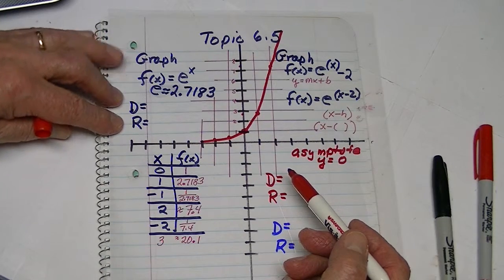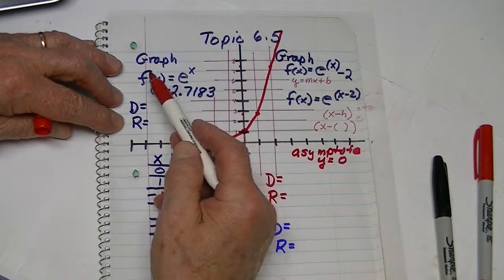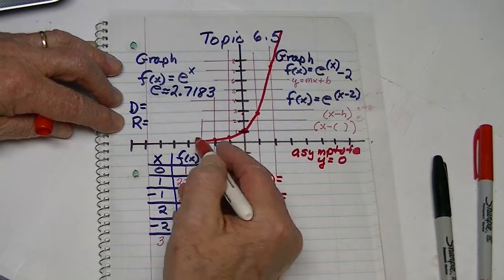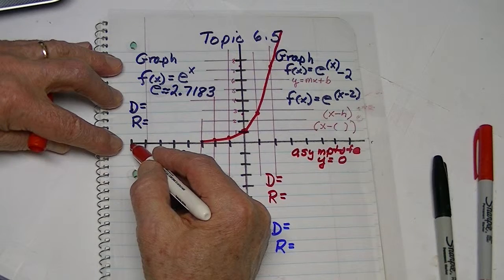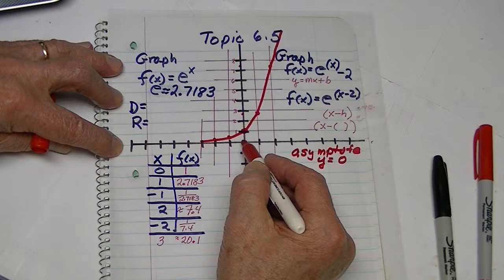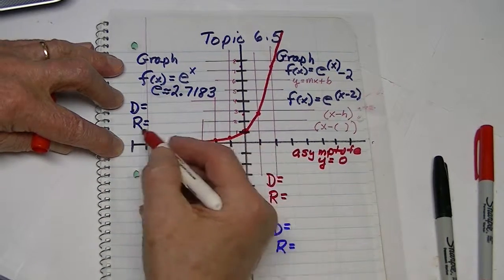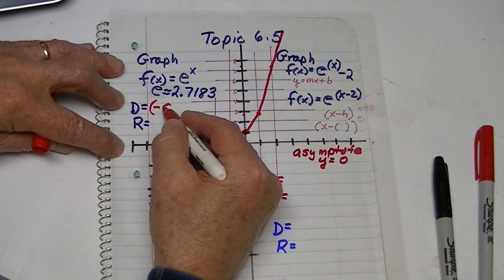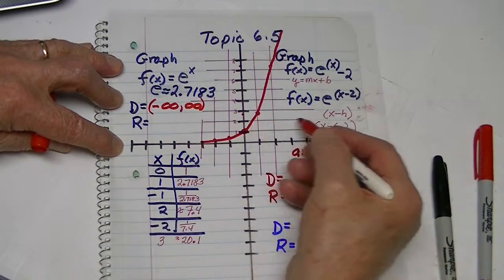Now, one of the things we might also do while we're here is, what would the domain of this function be? Well, this continues ever and ever closer to 0, never reaching 0 on our y-axis, but it does go to negative infinity in this direction, and then to positive infinity.